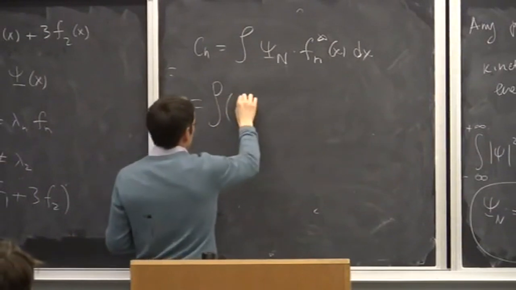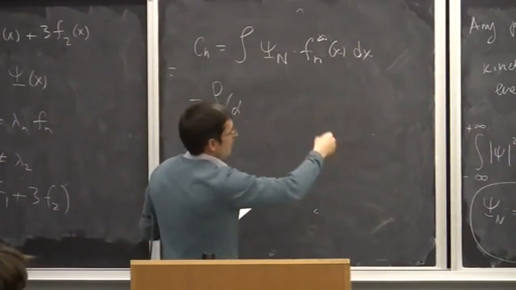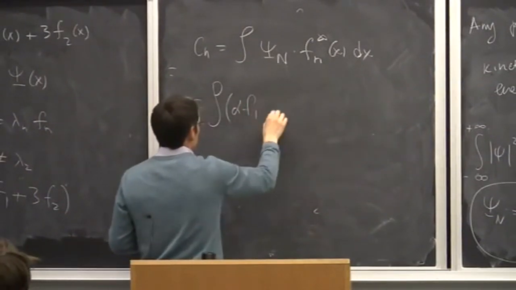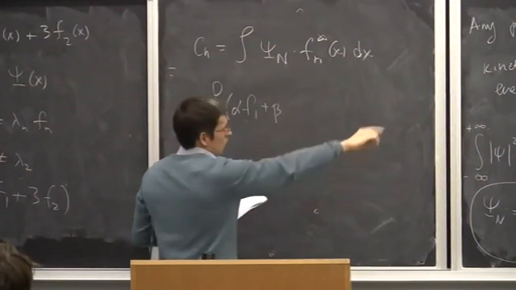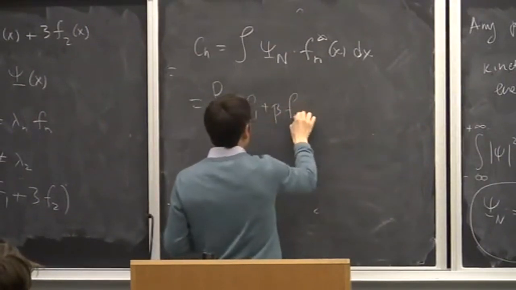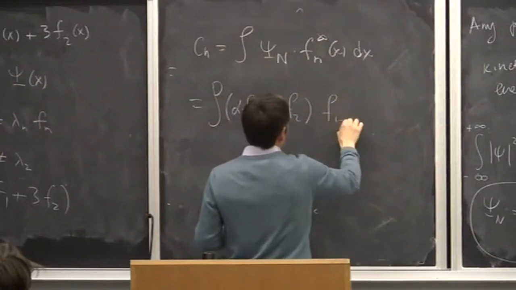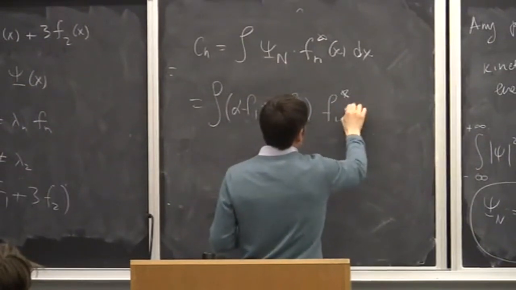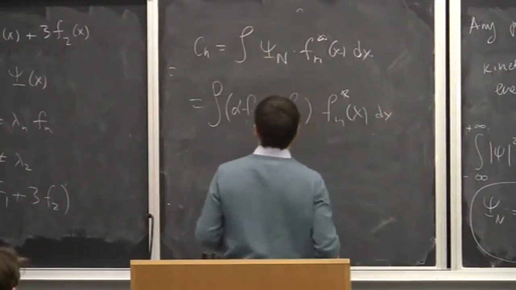And here we have alpha, the coefficient in front of F1, plus beta, the coefficient in front of F2, times Fn star of x dx.